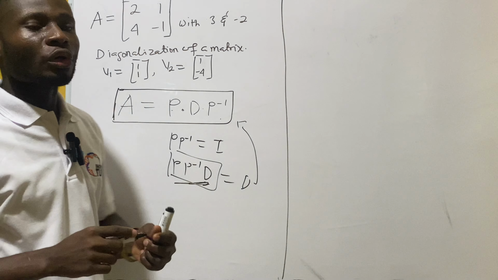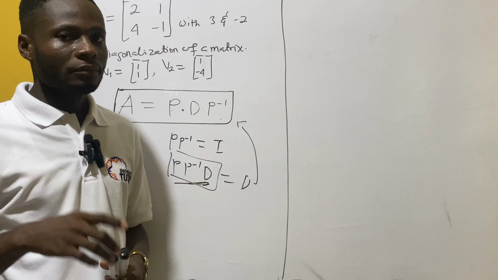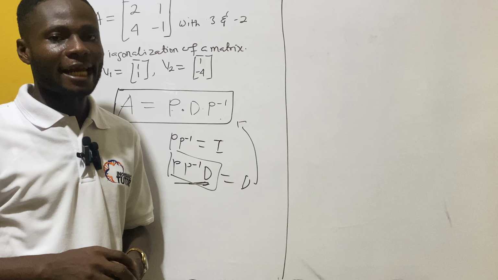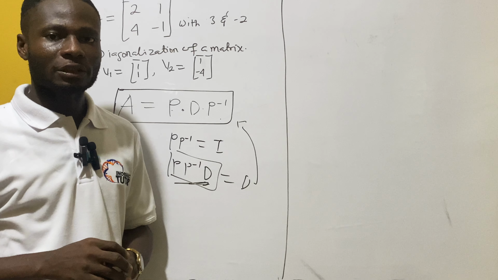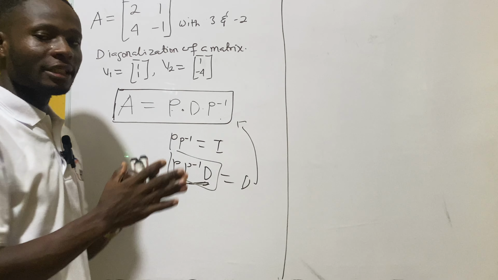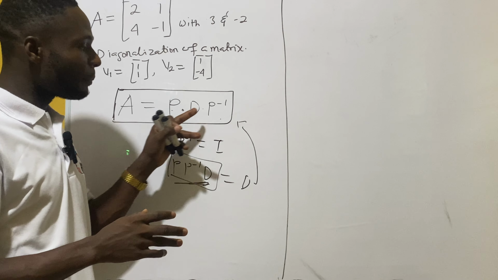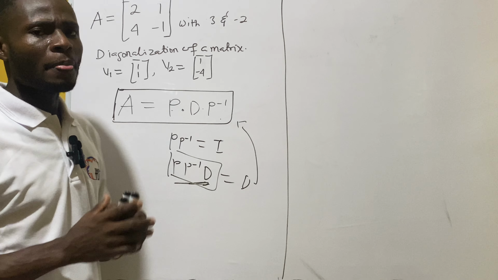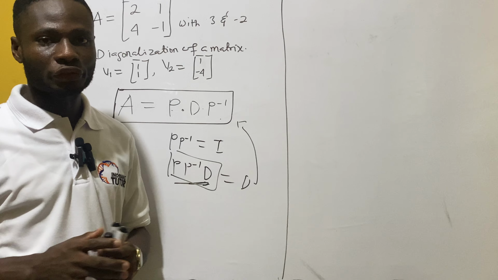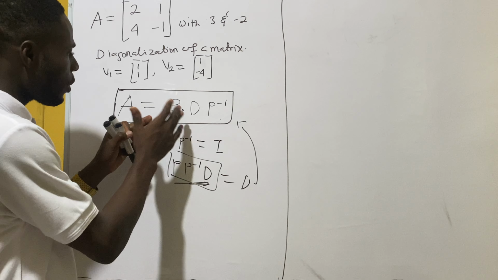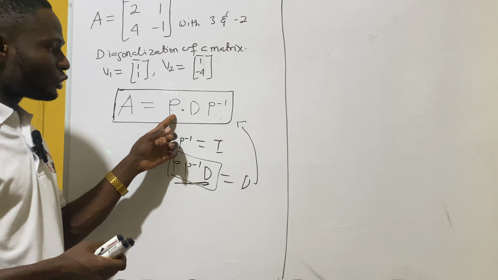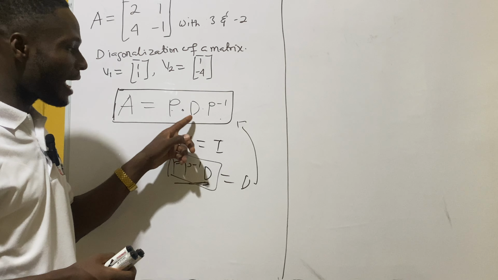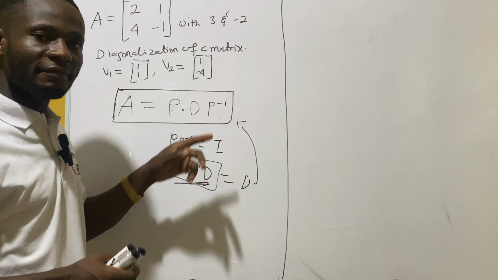And don't forget that matrix multiplication is not commutative, and matrices respect order. So once you change the position of P and P inverse, or D and P inverse, or D and P, you are going to have a different result altogether. So always you have to quote this equation: A equals P times D times P inverse.